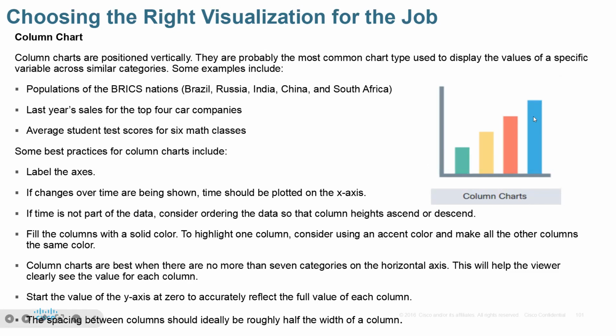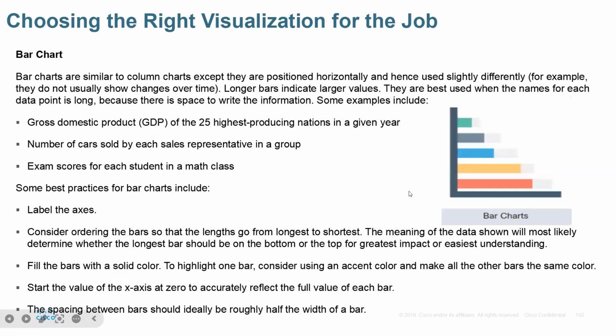Make sure that it's readable, very legible. Let there be space so that we can identify them properly. So for a bar chart, if you want to check a higher number of items, make sure you label, make sure you fill them with solid colors, and make sure there's space in between, right?